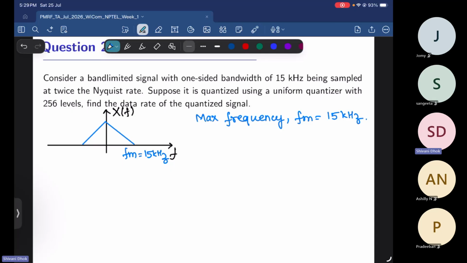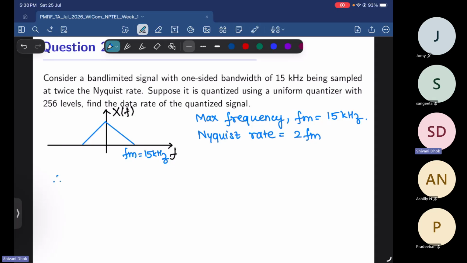What is the Nyquist rate? The Nyquist rate is the minimum sampling frequency that you can use for a band limited signal, and by the Nyquist sampling theorem it is equal to 2 times FM. But instead of sampling at this rate, we are going to sample at twice the Nyquist rate.